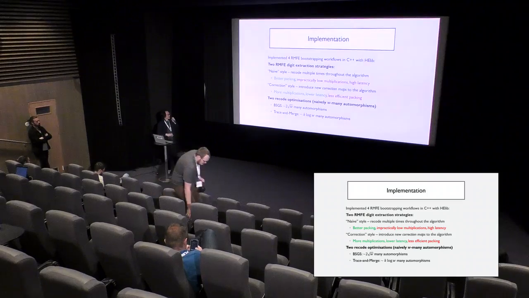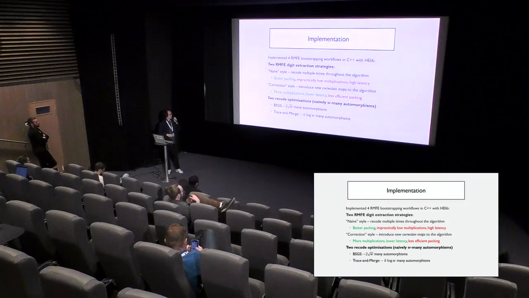So the baby step giant step gives us 2 square root W many automorphisms, and we also introduced a new kind of optimization called trace and merge that gives us K, which is the length of the RMFE vector, times log of W many automorphisms.